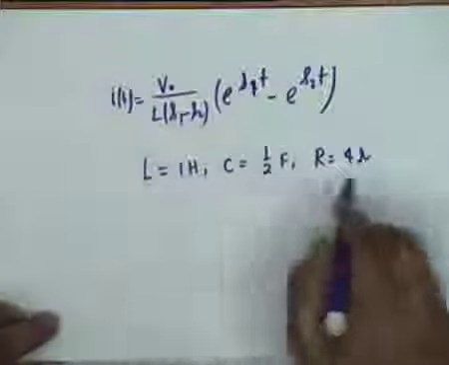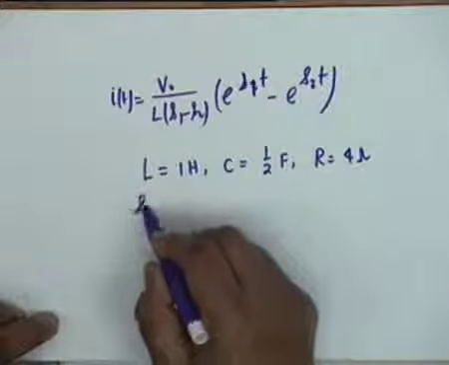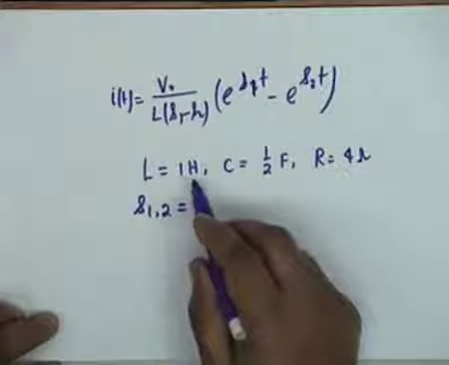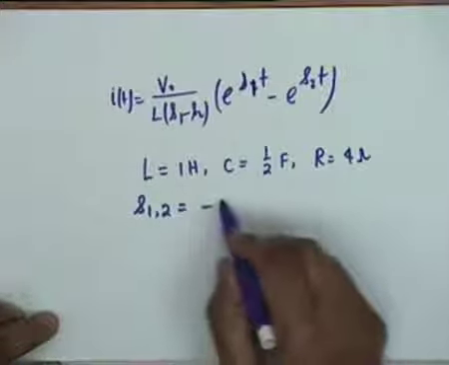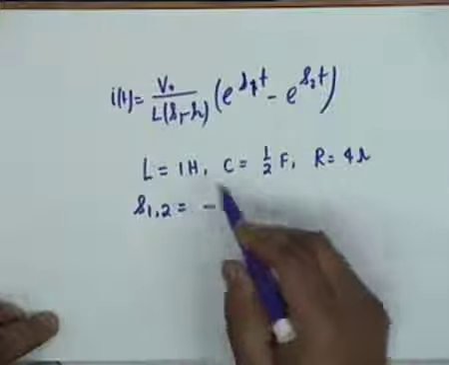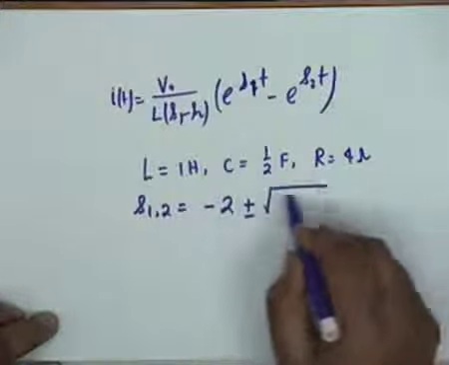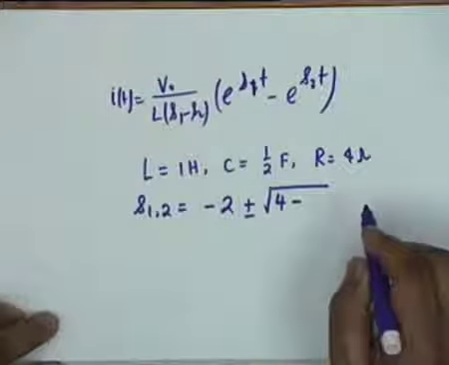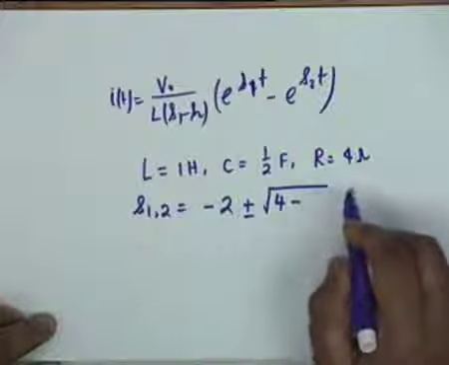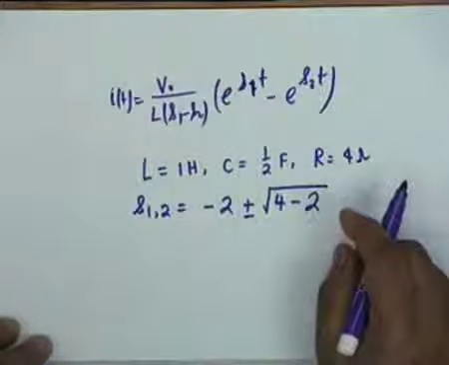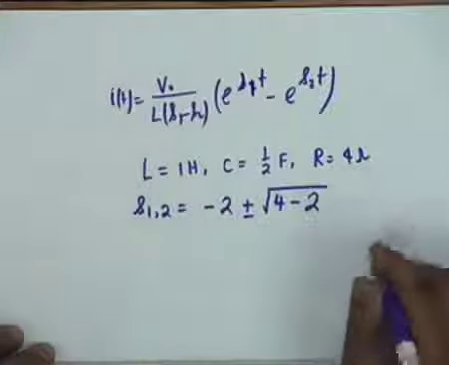If this is the combination of the elements, then you see S1,2 is minus R by 2L, so it would be minus 2. Is that okay? 4 divided by 2 into 1, minus 2, plus minus square root of 4 minus 1 over LC. I have made a mistake.